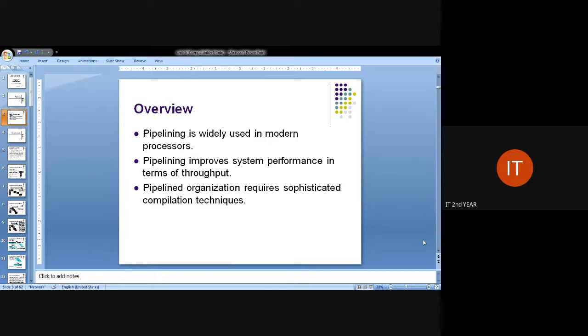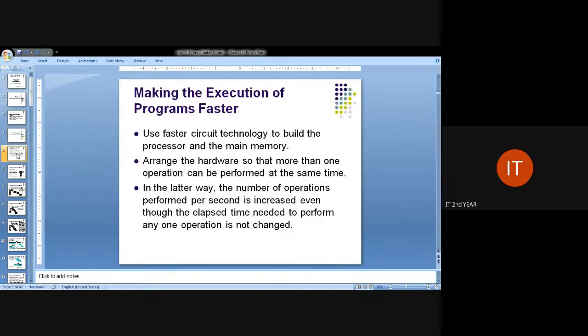Pipeline organization requires sophisticated compilation techniques. It can be done with sophisticated techniques, and it can be implemented with basic techniques also. That we will discuss in the coming sessions. For now, we'll just see the basic concepts involved in proper execution of pipelining.